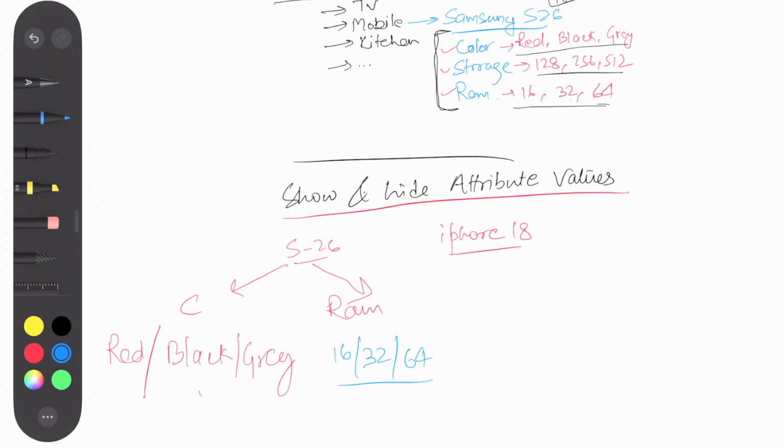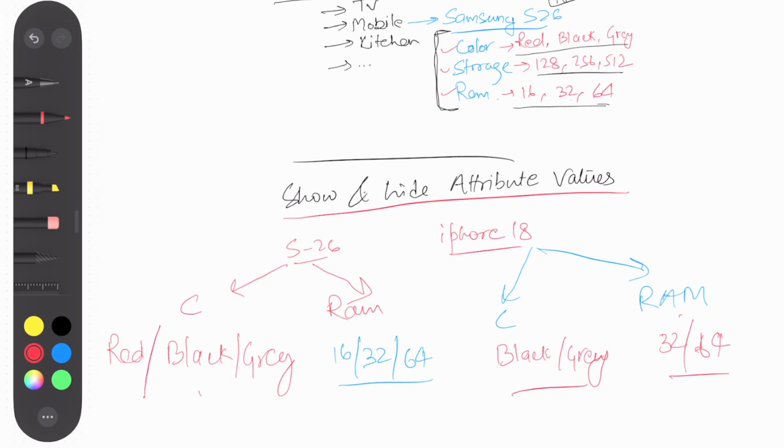In iPhone, we have color and RAM as follows: let's suppose that we have only black and gray. Okay, these things. And for RAM, in this one we have 32 and 64.